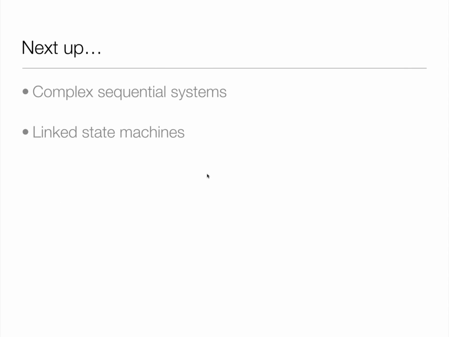So coming up next, what happens when state machines get too big and too complex, which they quickly do with more than a couple of inputs, and they get a bit cumbersome, or they've got lots and lots of states. How do we break them apart? Sometimes things partition nicely into what we call linked state machines. A good example of that is if you want a timer.